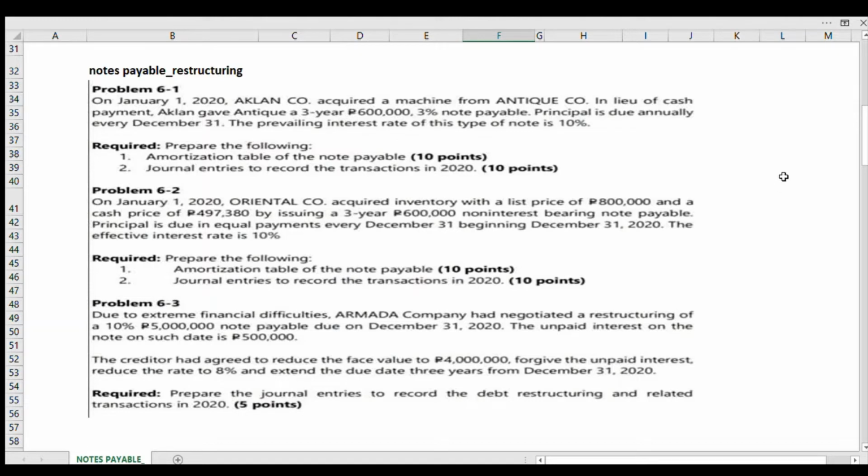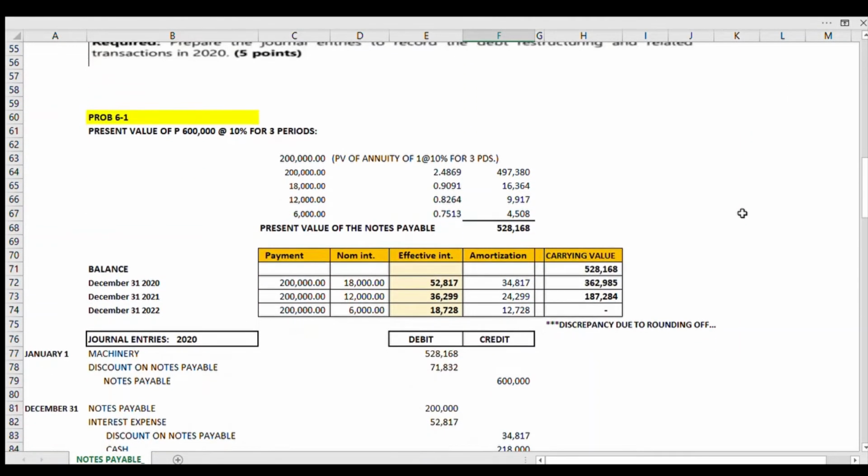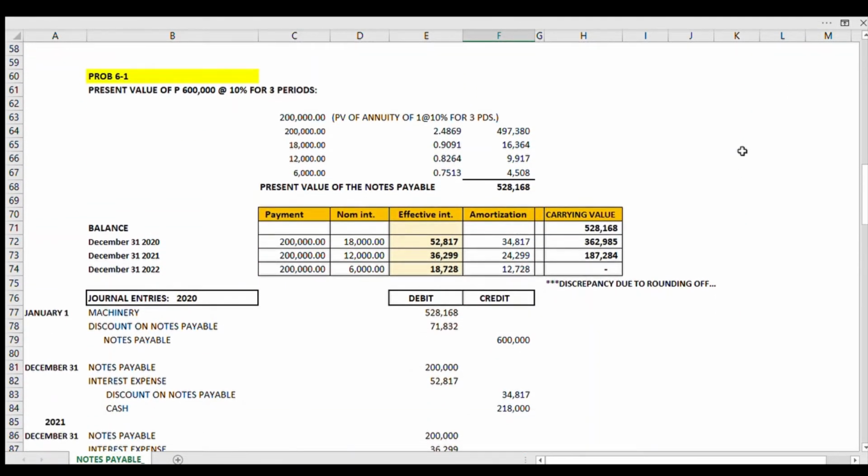6-1 problem. And we will be heading to the solution proper for this type of transaction. Ang unang-una natin dapat gawin dito ay we really have to get the present value of the note, kasi yon ang basis ng purchase.